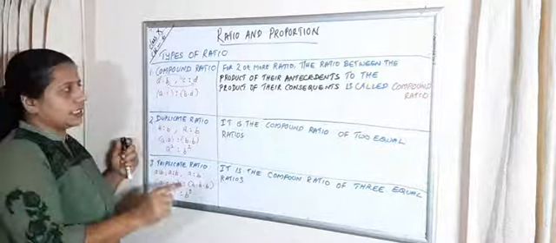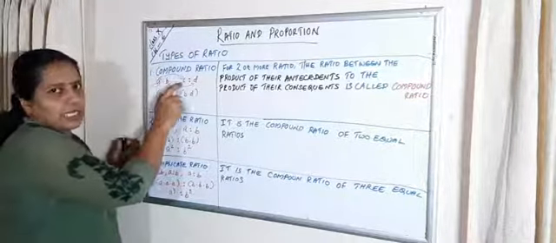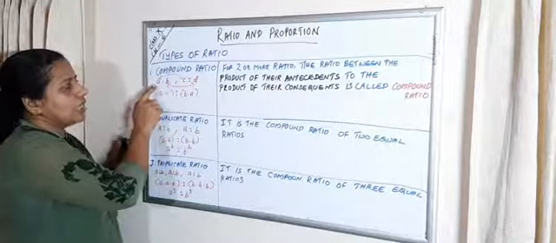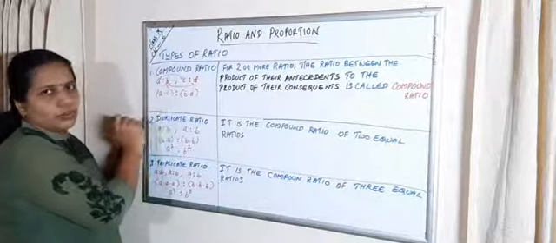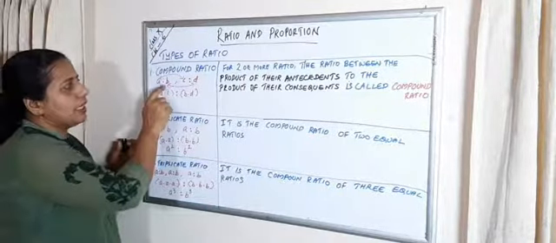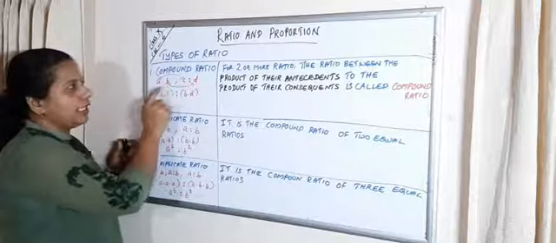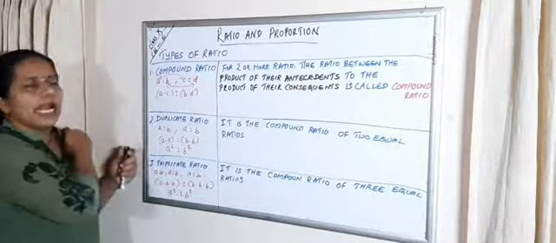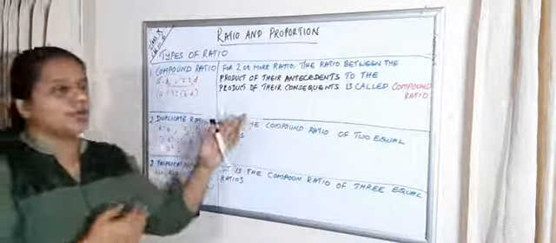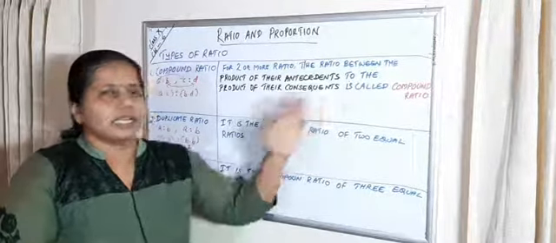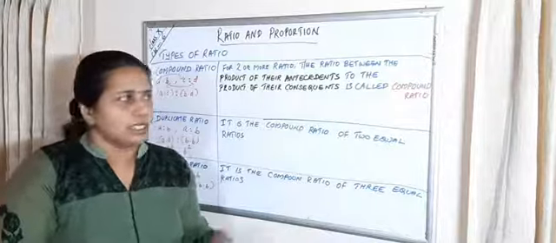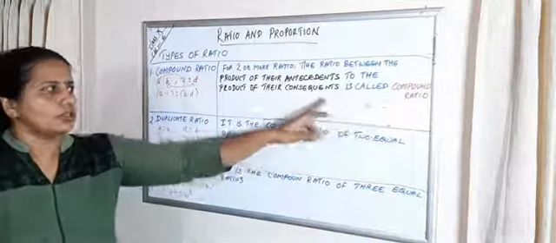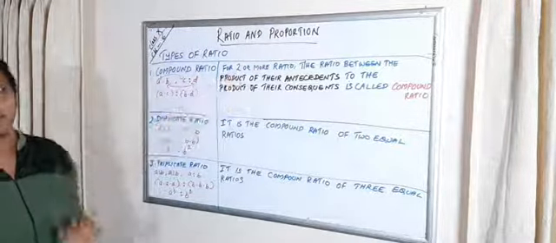Antecedents means first terms, so A and C are the antecedents. So A into C is to B into D. If the product of antecedents makes a ratio to the product of consequents, then we can say it is the compound ratio of the given ratios.